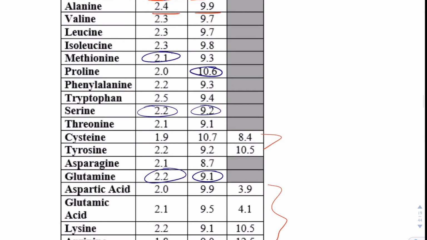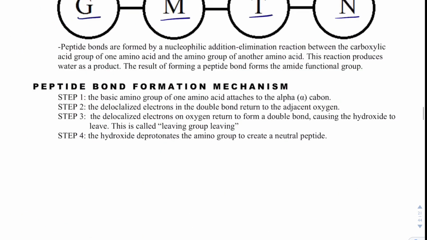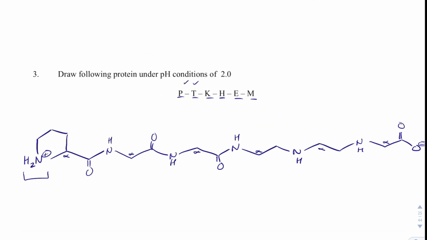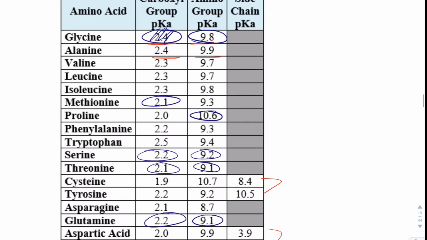Threonine. Okay, I was wrong. Threonine doesn't have a side chain, and since it's an internal amino acid, we don't need to worry. And so threonine is kind of like valine. Okay. K, let's look at what K is.